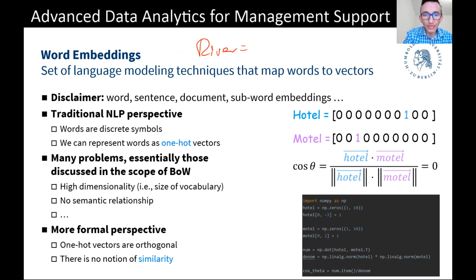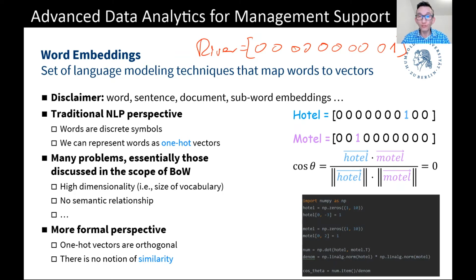In practice, these vectors would be a lot bigger. That's our 10-dimensional vector with all zeros, and the one-hot encoding of river could be that it's the last word, one single element, which is 1. That would be the word river.